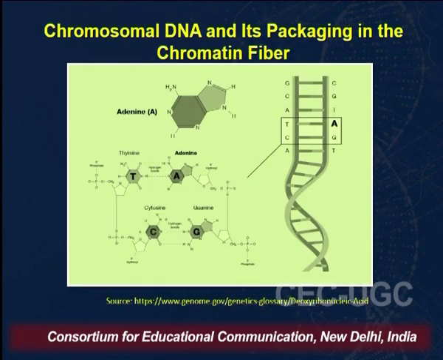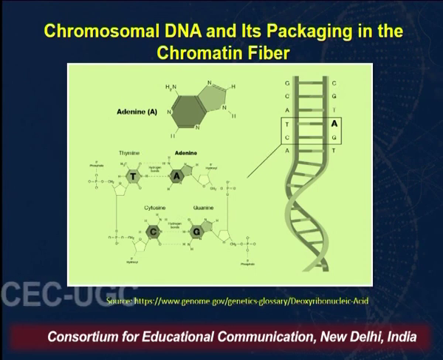We see here some of the nucleotides and how the hydrogen bond formation takes place. Adenine base pairs with thymine, and guanine base pairs with cytosine. So A pairs with T and G pairs with C. This is called complementary base pairing, which occurs in the DNA double helix structure. That's how the DNA double helix is formed.